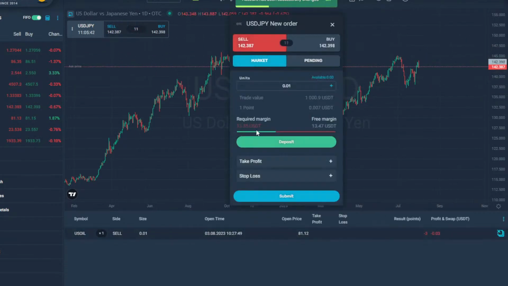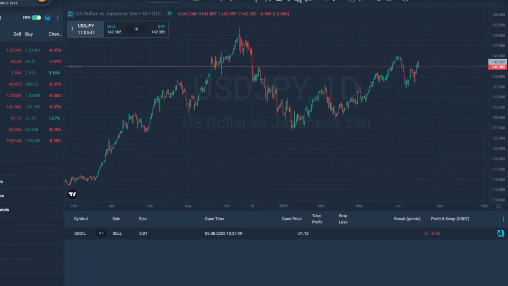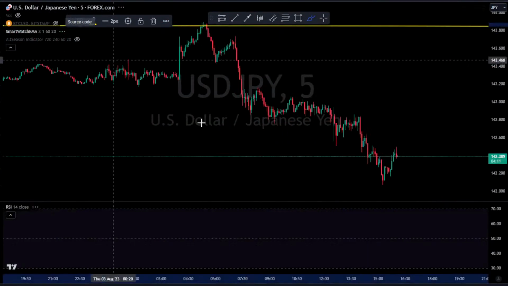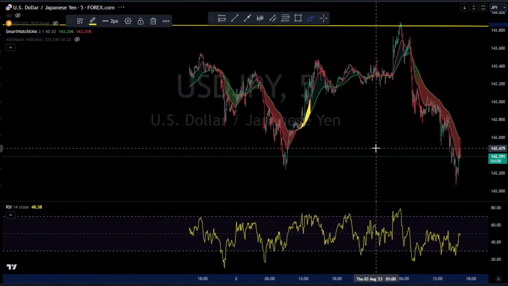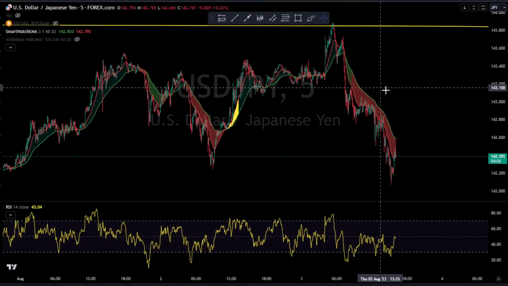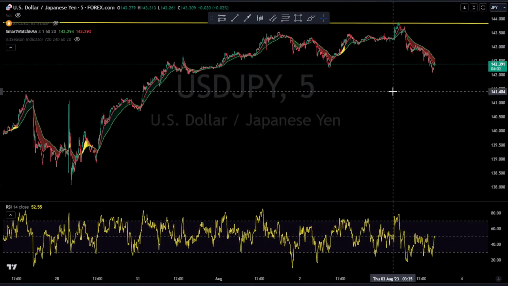If I was to sell it, it would be $13. So I actually have enough to take a position in this, but it brings my account to fully taxed. So I have to be aware that I'm betting against what I think is going to happen if I short Japanese yen here.